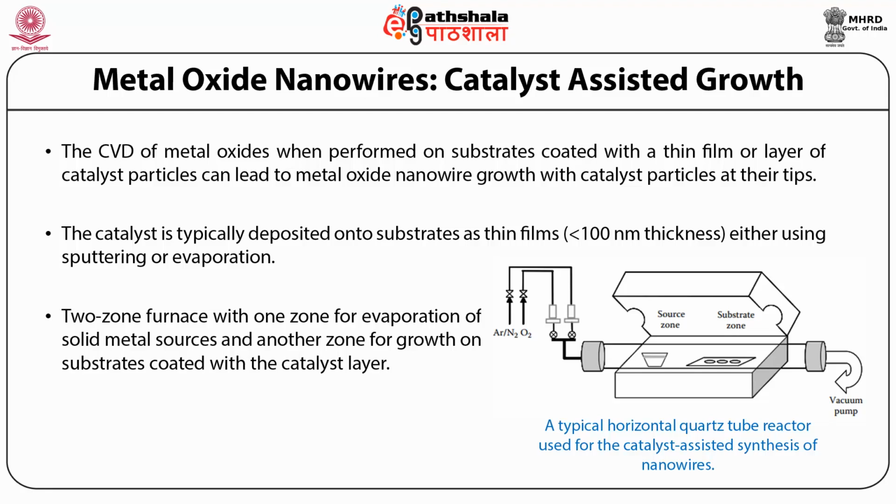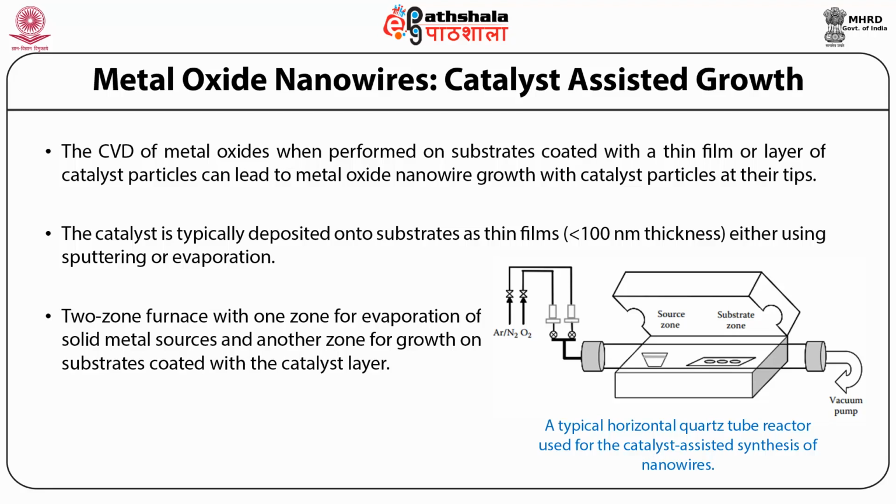In this, a schematic of a typical horizontal quartz tube reactor used for the catalyst assisted synthesis of nanowire has been shown. Many of the catalyst assisted synthesis techniques for metal oxide nanowires use thermal CVD in a quartz tube reactor as shown in the schematic.